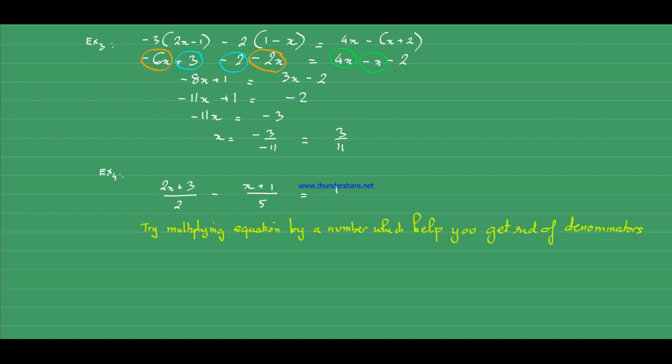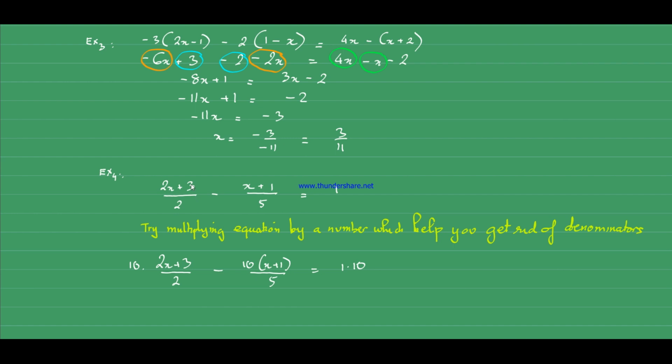Now I'm going to go ahead and pick a number, and I'm going to multiply the whole equation by it. How about 10? Why do I pick 10? Look at this. I multiply this stuff over here by 10, this stuff over here also by 10, and I also multiply over here by 10.